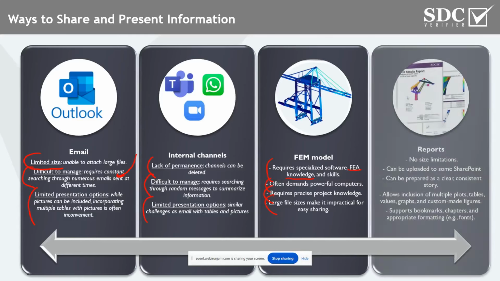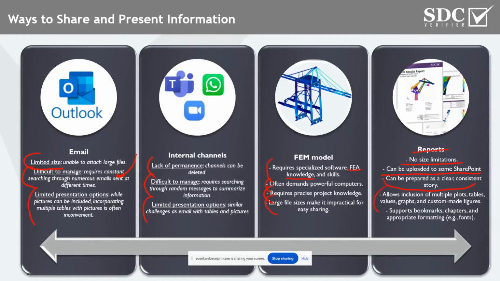So the only and the best possible way to share and present your information is, of course, through reports. It has no size limitations, so you can create files of different sizes. You can also upload it to SharePoint or some platform and just share the link to this document. It can be prepared as a clear, consistent story because you create your report the way you want, so it's all consistent and clear, and that is essential.